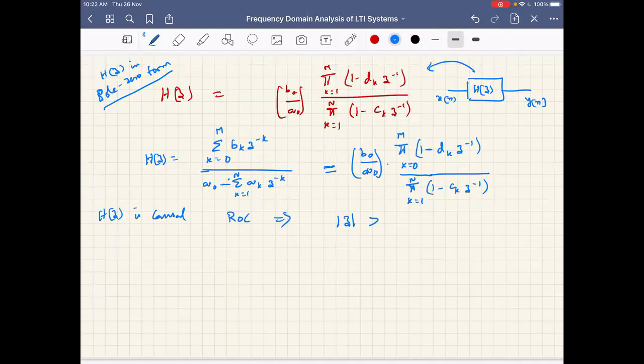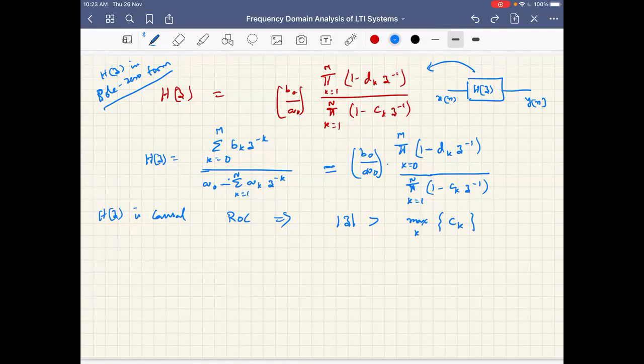It should be outside of the outermost pole. Where is the pole now? What is the outermost pole for H of z? It is the maximum of ck for all k, right? So mod z is greater than the maximum of ck. This is what we mean by causal.